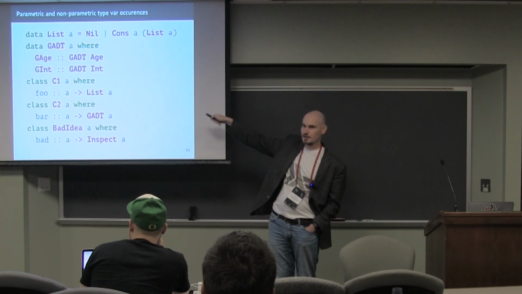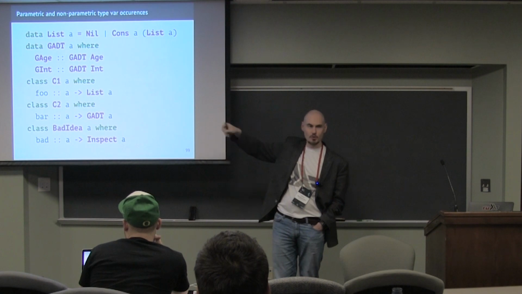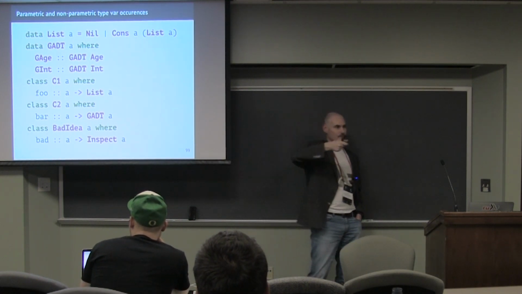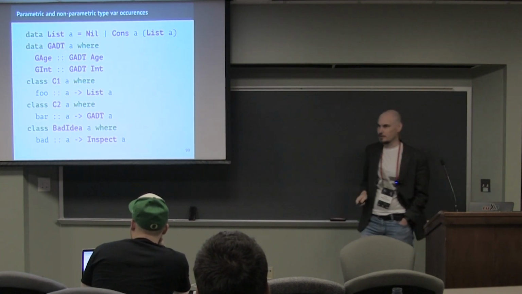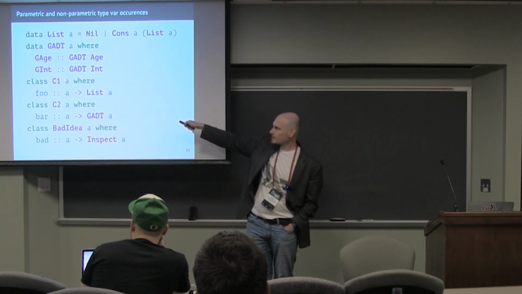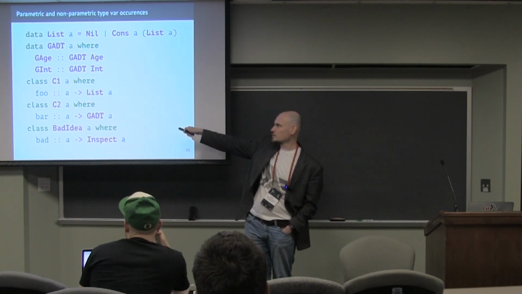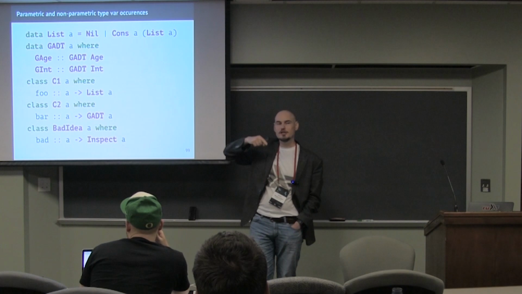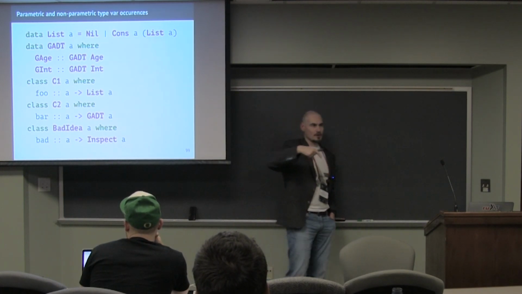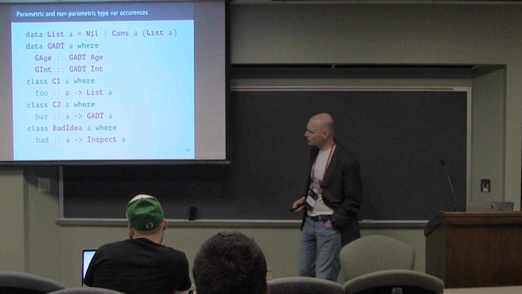Well, it's non-parametric because depending on this A, it can be sometimes Age or it can be Int. So we are doing some inspection on this type variable. So it depends on something. Again, here, is it parametric? Yeah, it is. List is parametric. Here, we're not inspecting the type. Of course, we are inspecting values, but we're not doing something with these types.